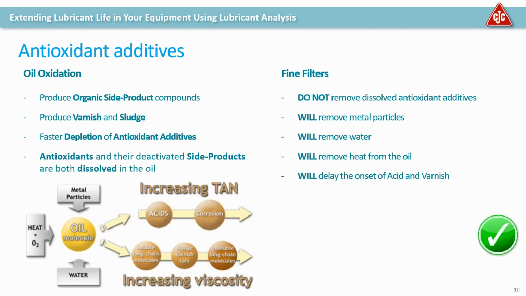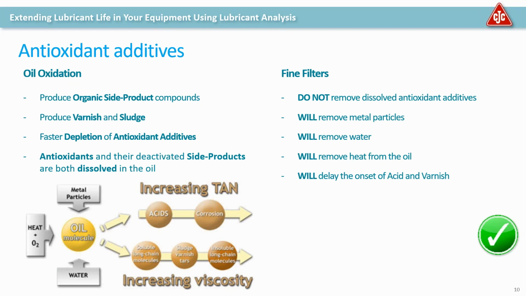Another area we can look at is antioxidant additives. Oil, as it oxidizes, we've touched on this, it produces these organic byproducts. It leads to the formation of varnish and sludge. And this will create an environment where you're actually depleting the additives even further, because you're not controlling that varnish and sludge.